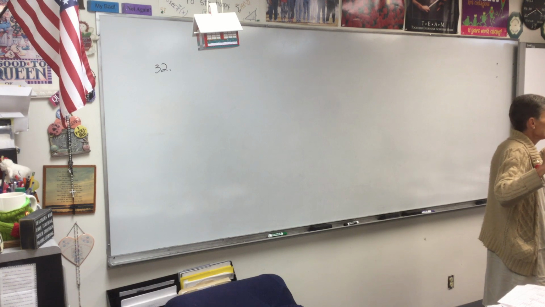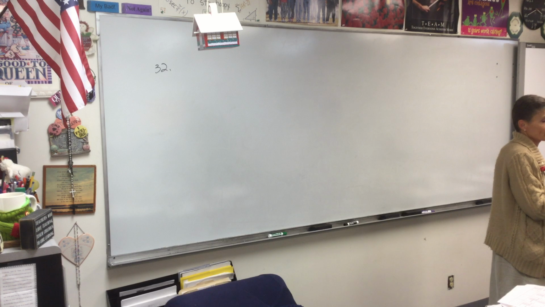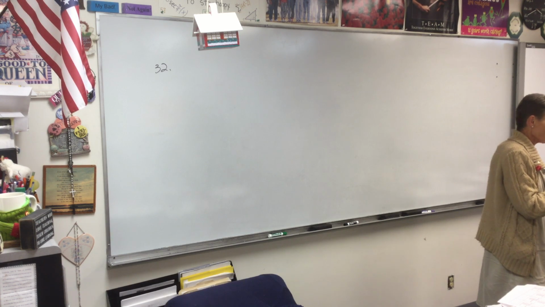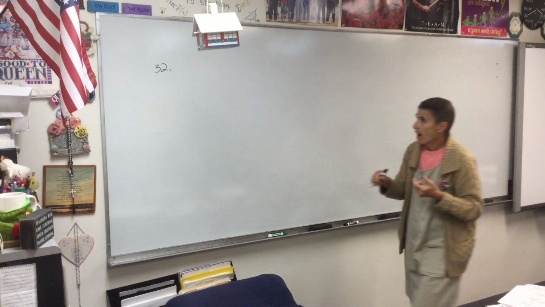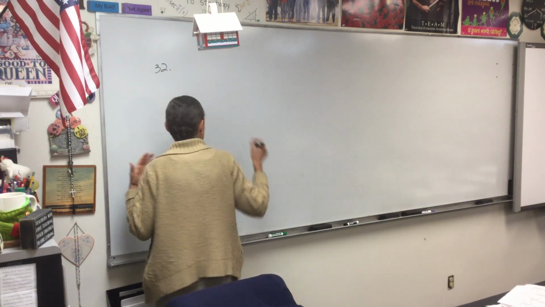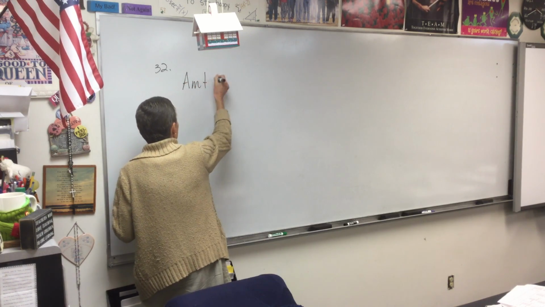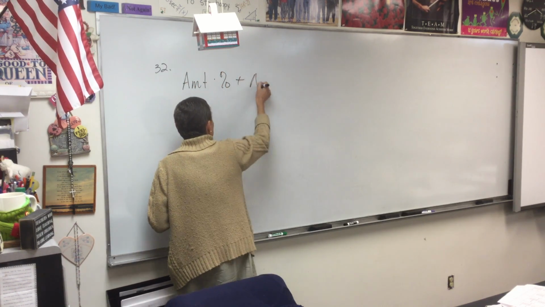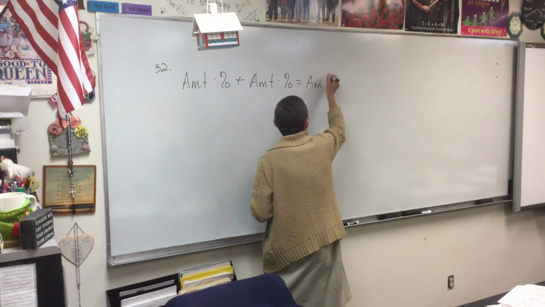Now, there are many different strategies to use. Some people draw pictures of buckets or whatever. Some people set up a chart. Since my objective is to write an equation, I like to just start out with this format, and it will always solve your mixture problems.